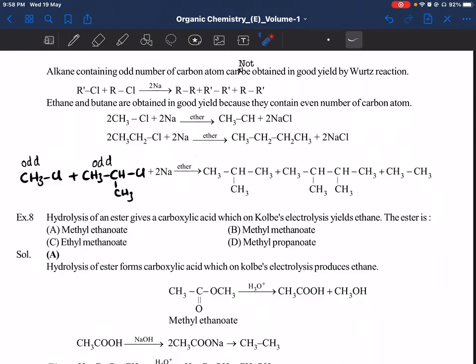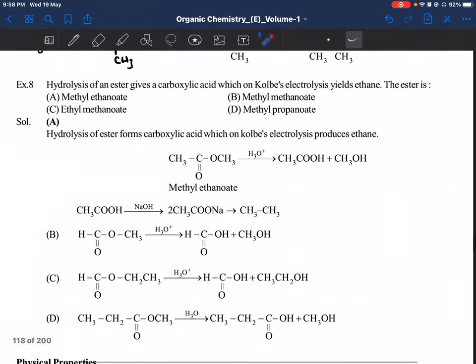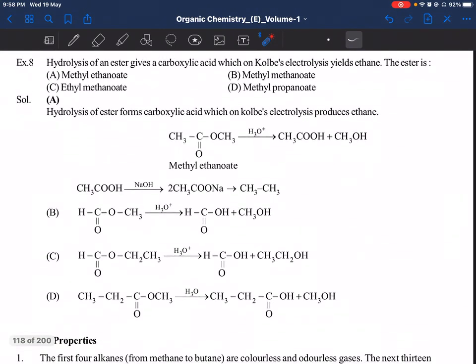Next, hydrolysis of an ester gives a carboxylic acid, which on Kolbe's electrolysis yields ethane. First, we must write the structure of the ester: methyl ethanoate, this is A. When this ester undergoes hydrolysis, we get acetic acid and methyl alcohol.